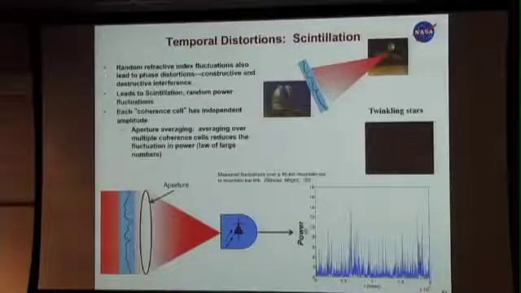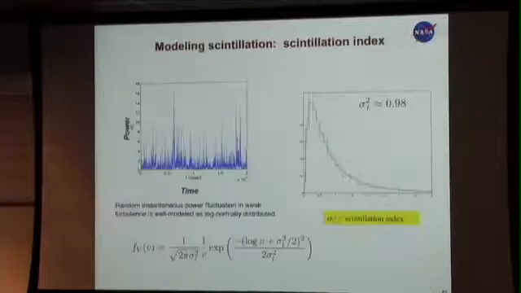For this general scintillation model, you have temporal distortions. Basically, the power varies randomly over time, and there's a coherence length and a coherence time to these variations. It can be modeled with what's called a scintillation index. What's the variability of the amplitude variation in the signal?